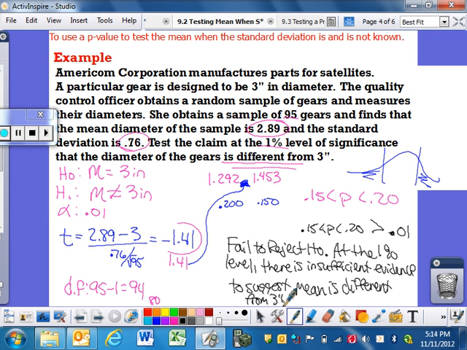Okay? So basically you're saying we fail to reject, and at that level there's just not enough evidence to say that it is different from, because that was my alternative hypothesis. Okay? So that's kind of your sentence. That's what I'm going to need to see for you to finish your problem.